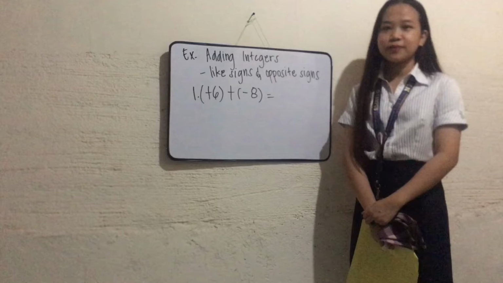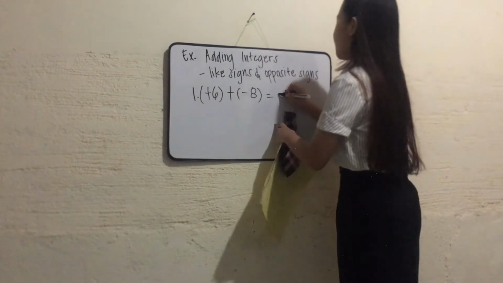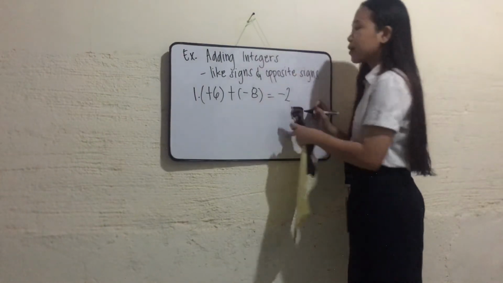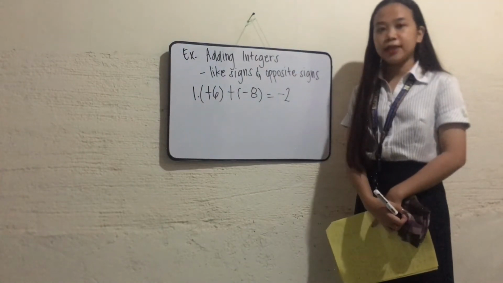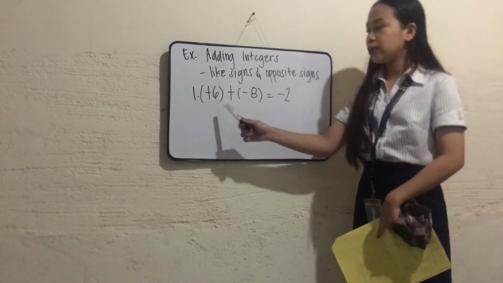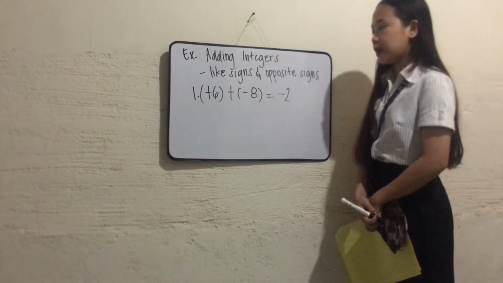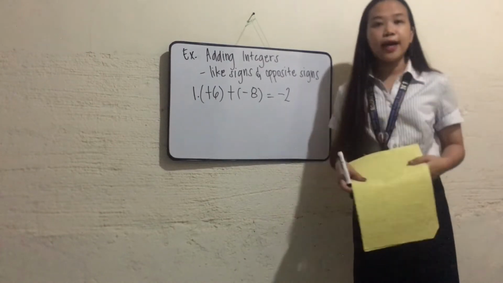Then, the sign we use is the sign of the bigger number. Very good. Remember, if adding two integers having opposite sign, we have to subtract the two numbers and use the sign of the bigger number. Is that clear?